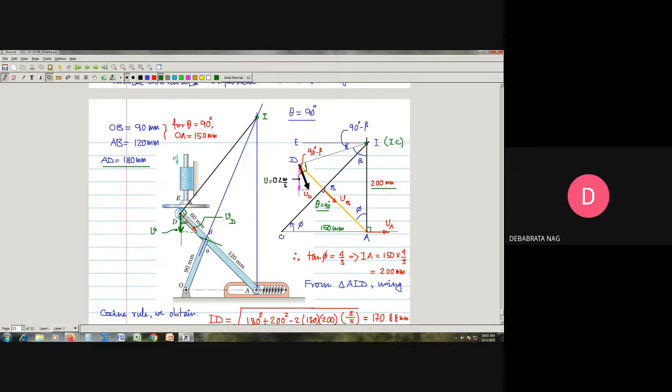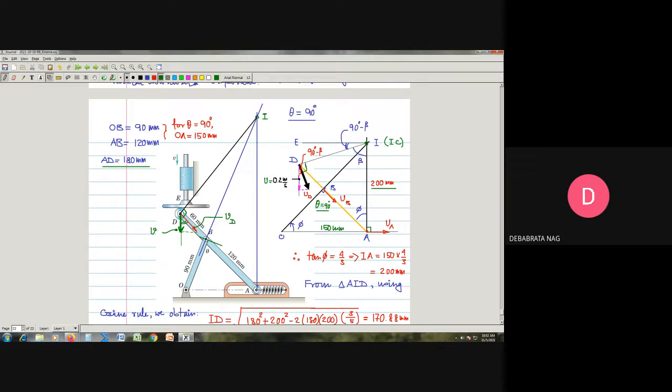If I apply the sine rule, it is pretty obvious that 170.88 divided by sine phi, for which tan phi is known to be 4 by 3, that means sine phi will be equal to 4 by 5. So it is ID divided by 0.8, because sine phi becomes 0.8.